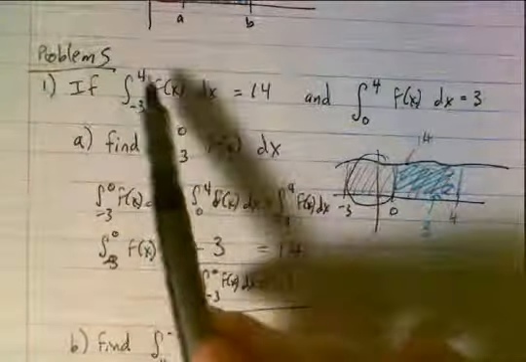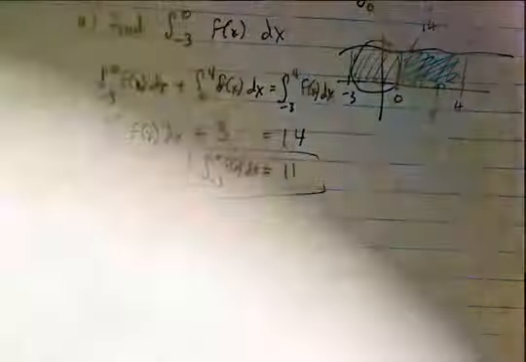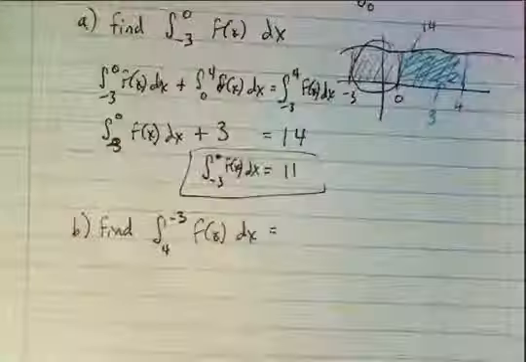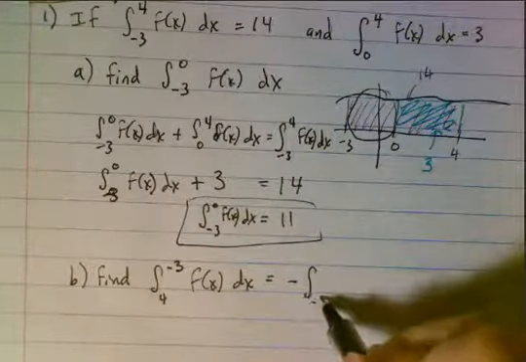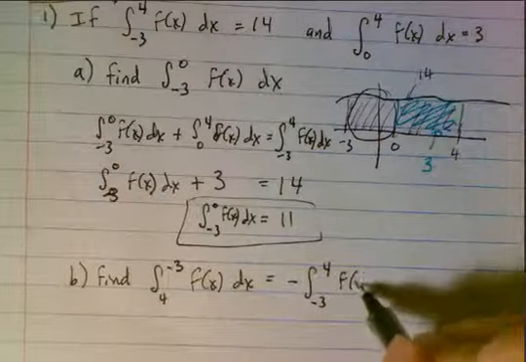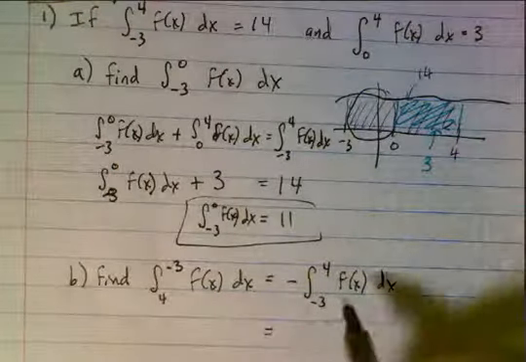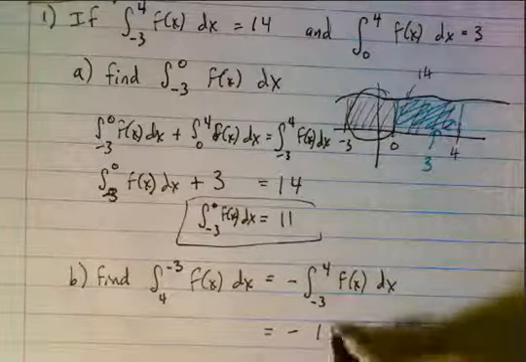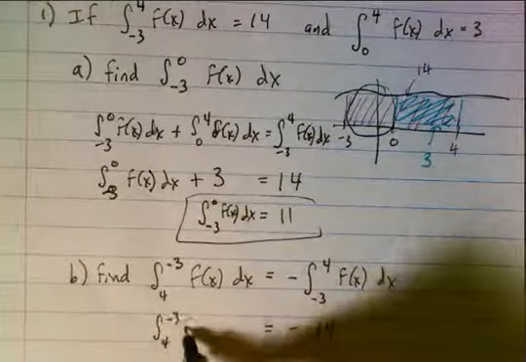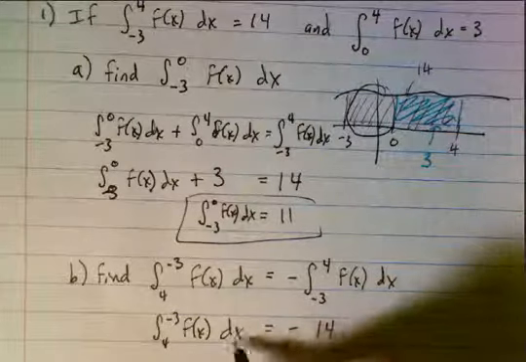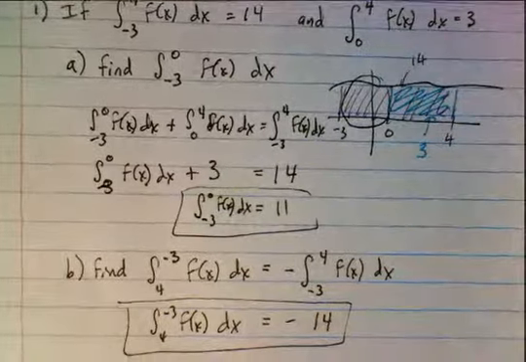We currently know from negative 3 to 4, so we have to use that property right there to say this is the same thing as the opposite of the integral from negative 3 to 4. We know what that is. It was 14. So this integral from 4 to negative 3 of f of x dx was negative 14.